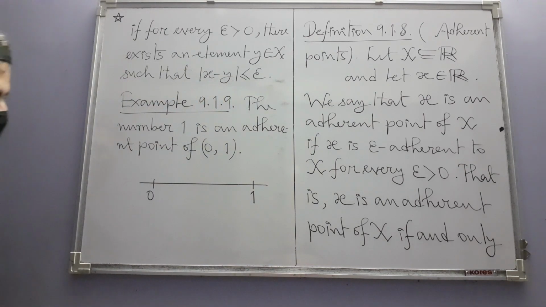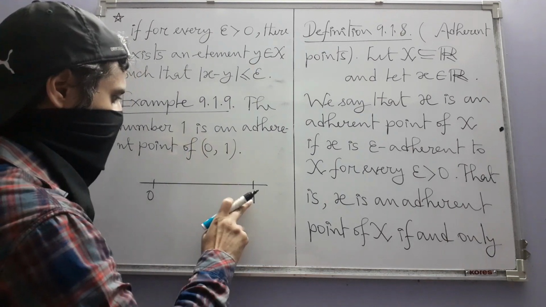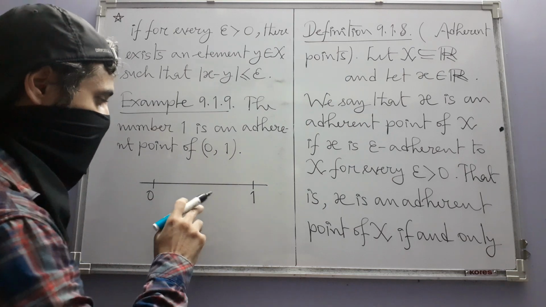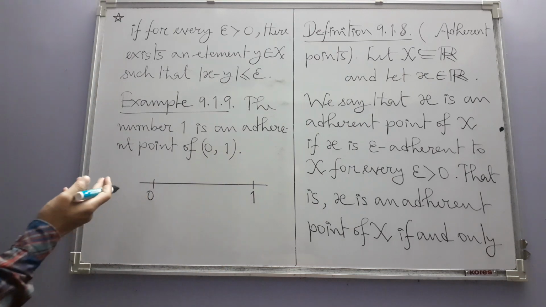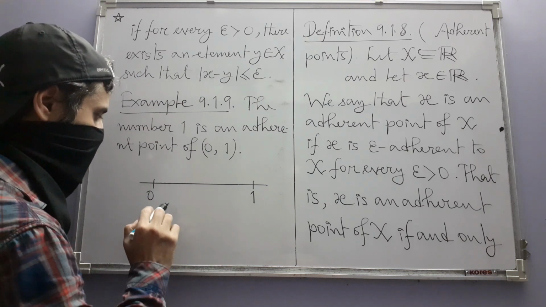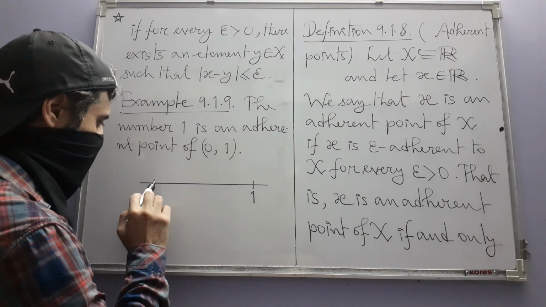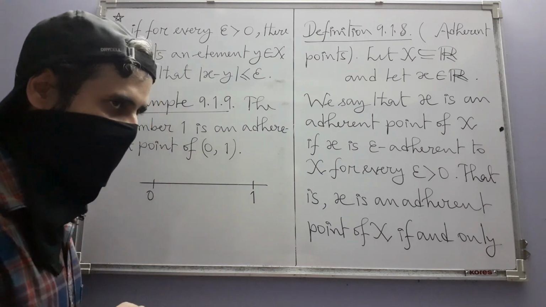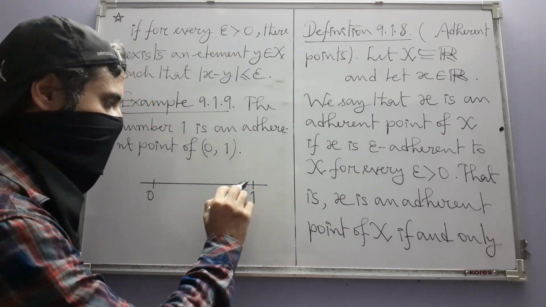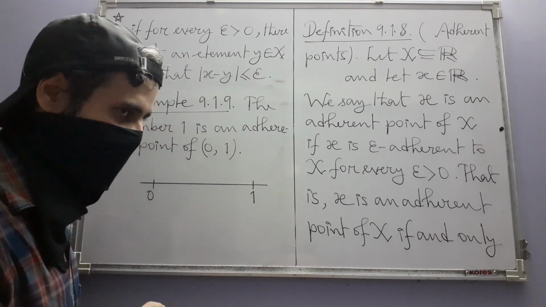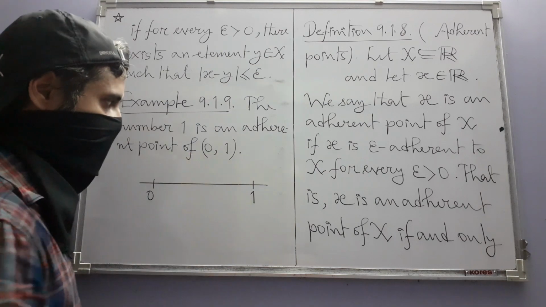So what we are saying is that this real number 1 is an adherent point of this set. What is this set, by the way? In this diagram, it is the set of all real numbers that correspond to points that lie to the right of 0 but to the left of 1. It does not matter how close that is to 1, but if it lies to the left of 1, then it will be an element of this set.